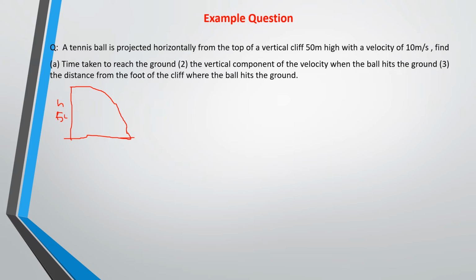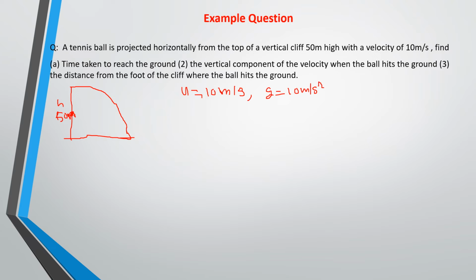Then the velocity along the horizontal direction is given to you to be equal to 10 meters per second. You know that g is equal to 10 meters per second squared.